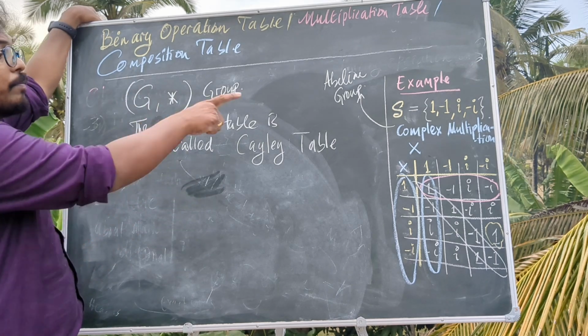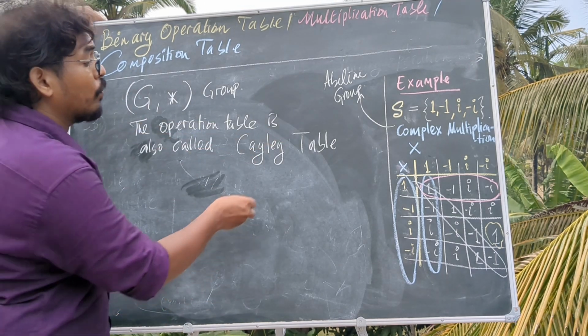If a set under the binary operation forms a group, that table is known as a Cayley table.